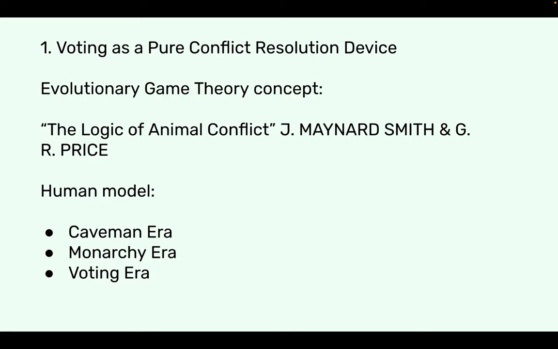This is a conflict resolution device, territory in itself, and many other animals do the same, because if they didn't have that device, they would be fighting all the time, and it would be too costly for the survival of the individuals and the species in general.